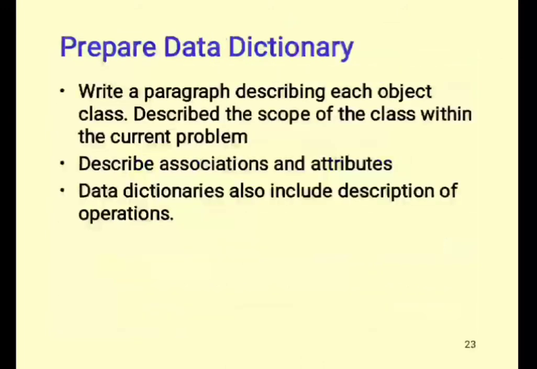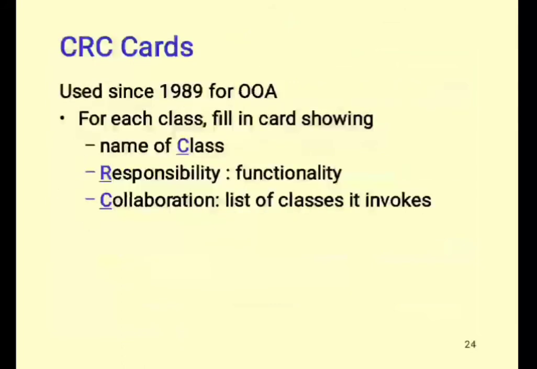Data dictionaries are nothing but a paragraph which describes each and every object for a particular class. It describes the scope of the class within the current problem. It also describes associations and attributes, and the data dictionary also includes the description of operations.